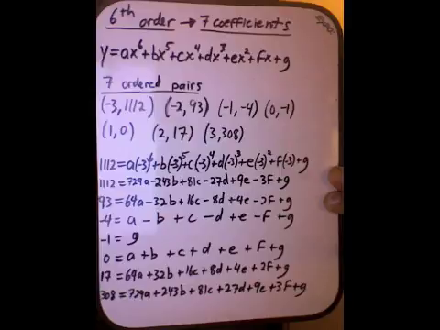So each of these lines here corresponds to one of these ordered pairs of points here. Just as another example, this line here corresponds to the point 2, 17 here.